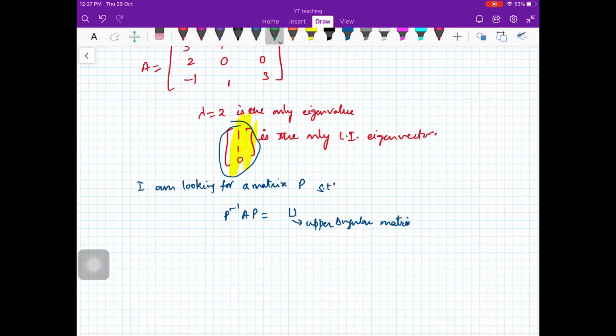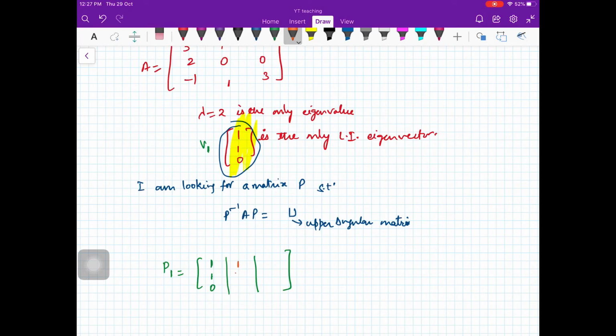So instead of P, I am just going for P1, where if this is V1, I am writing this as my first column, and then I am choosing 2 more columns such that P1 is invertible. And I know that if I choose 2 columns in such a way that the 3 columns are orthogonal, then P1 is invertible.